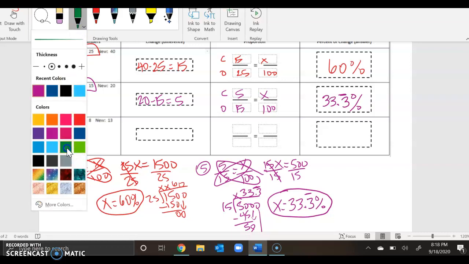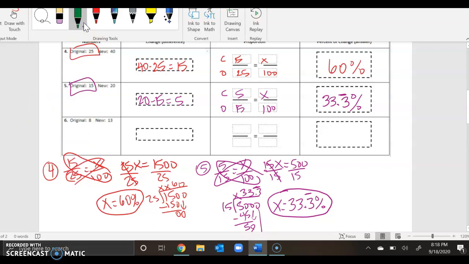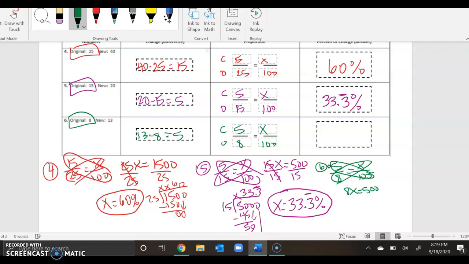Okay. Number 6, our original amount is 8, our new amount is 13. So we want to subtract 13 minus 8 is 5. So we have change over original. The change is 5. Our original is 8. Cross multiply. We have 8x is equal to 500.